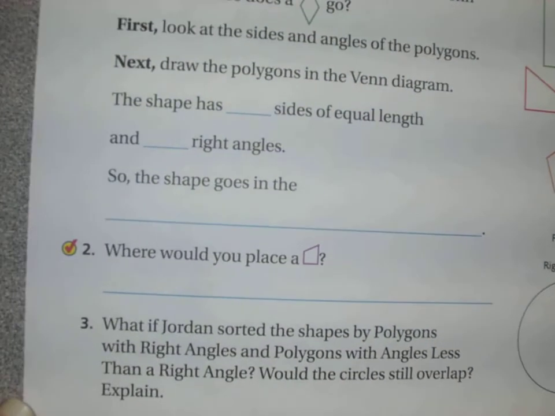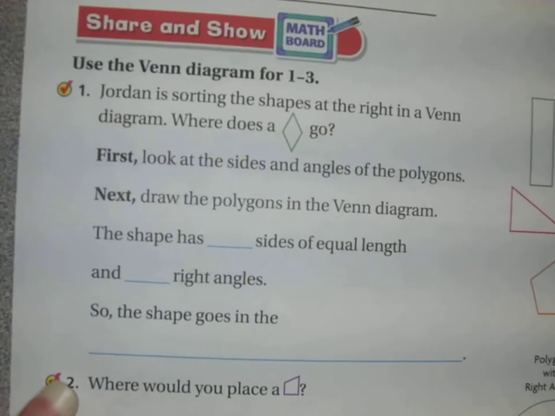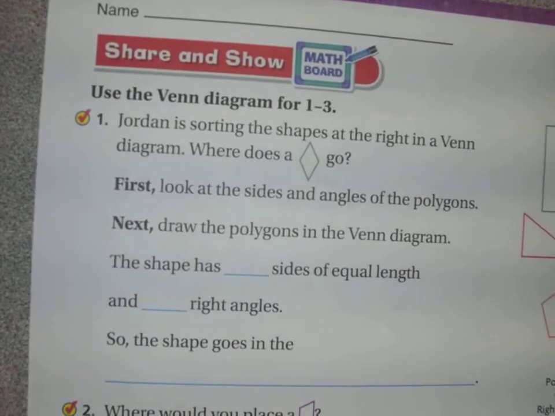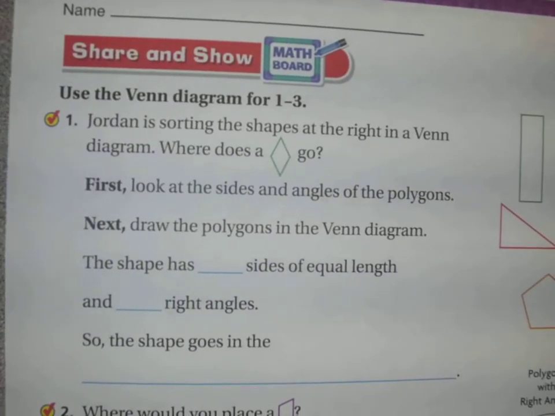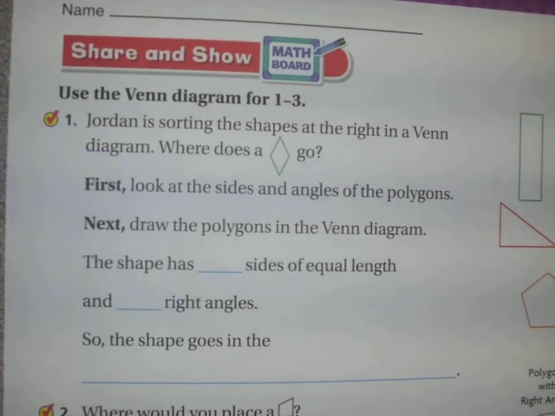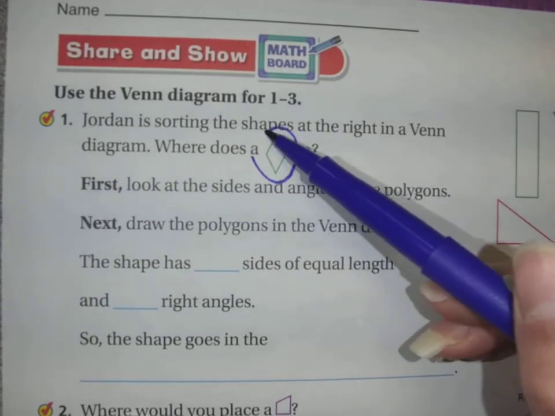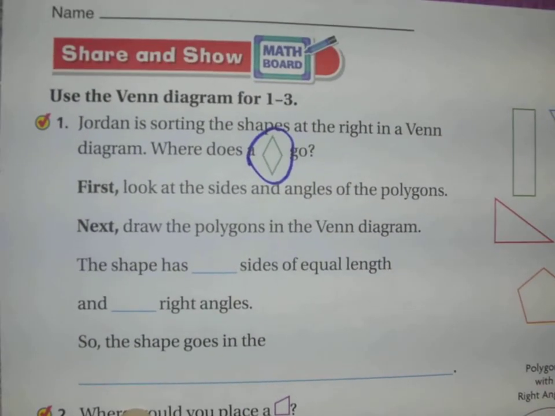And let's see. In Seesaw today, okay, in Seesaw, you are going to finish number 1. All right? It says Jordan is sorting the shapes at the right in a Venn diagram. Where does this polygon go?